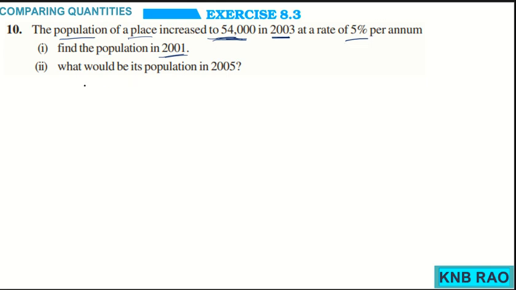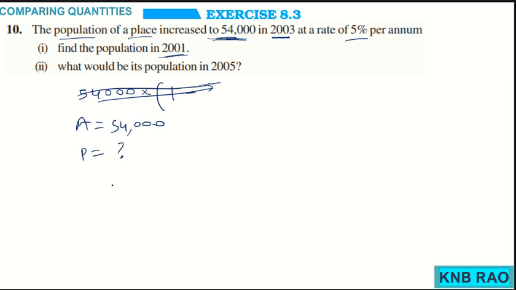Now, we can do it in two ways. One, considering this as a depreciation, so I will multiply 54,000 with 1 minus 5%. But rather, I can consider 54,000 as the amount, the principal we do not know, n equals 2 years and the rate of interest is 5%.